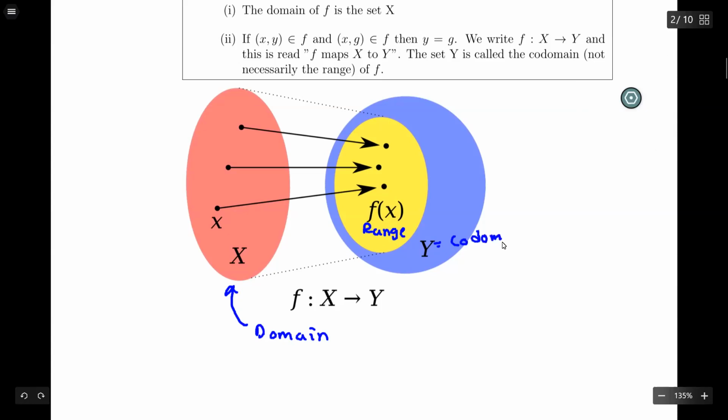So not every element in the set Y has to be mapped to by an element in the domain. However, each element in the domain is mapped to a unique element in the range. So that's what condition 2 states, that y and g can't be distinct. They have to be equivalent.